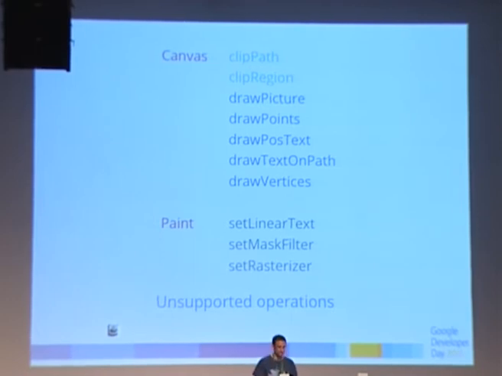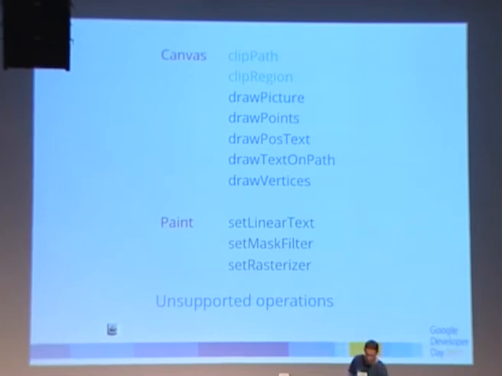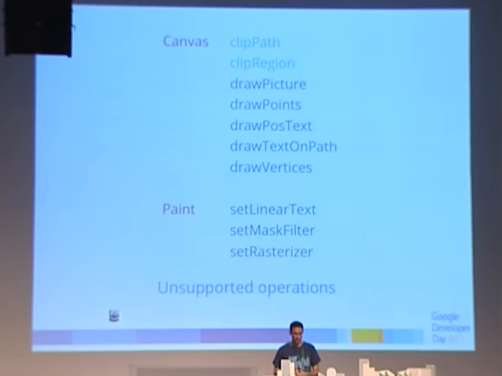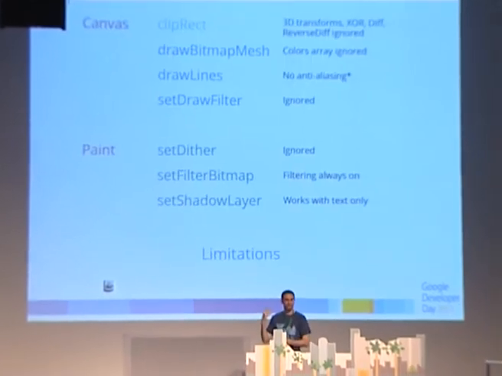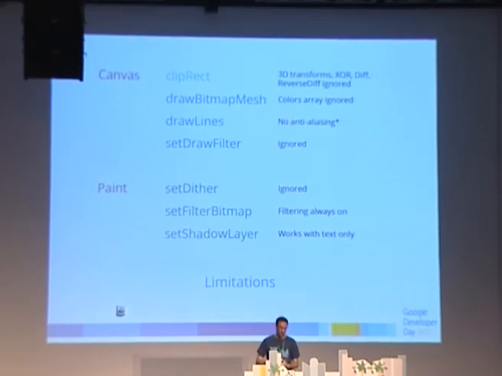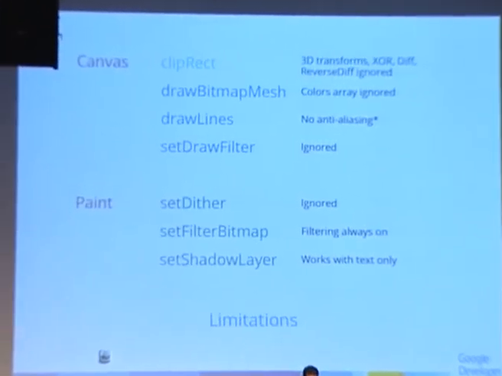But if you're using clip path, clip region, draw picture, points, text, these things, then these particular parts of your canvas won't be accelerated. Many of these are due to not having similar equivalents in OpenGL at this point. Again, there are some limitations. If you use these methods, you're not going to get 100% compatibility, but most of it will work.